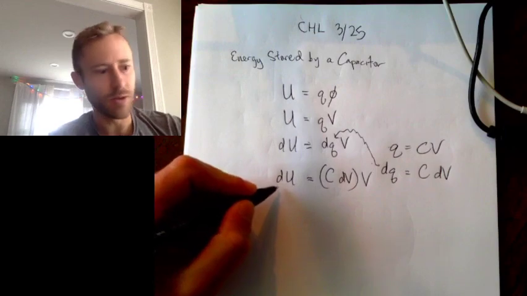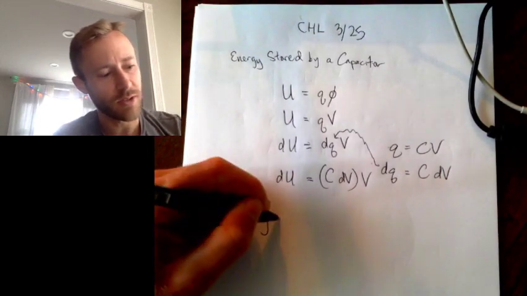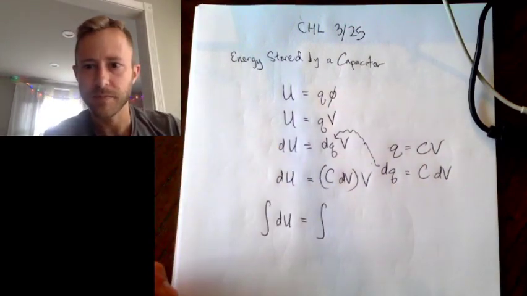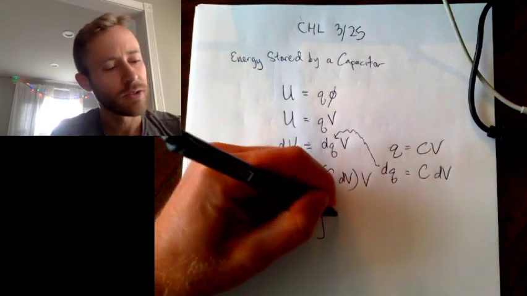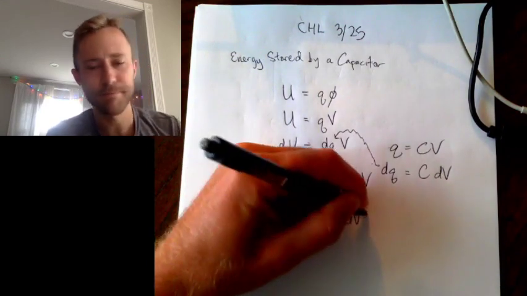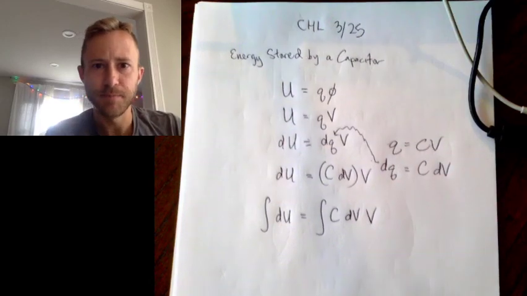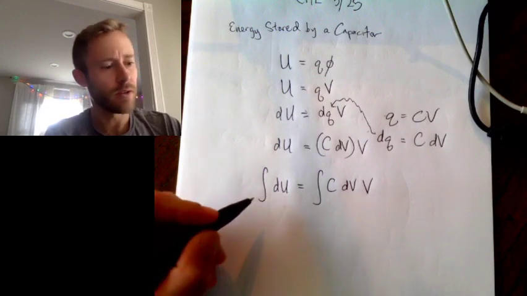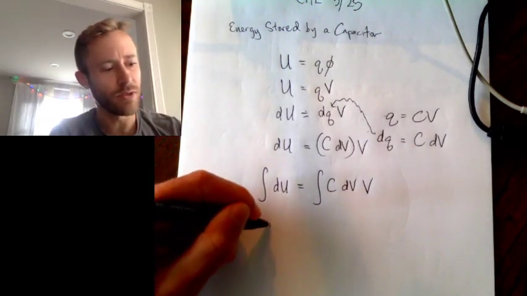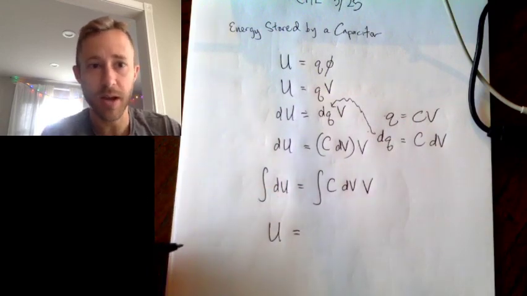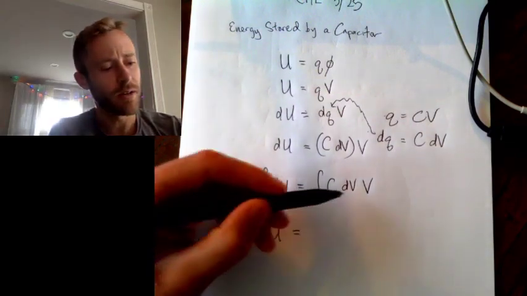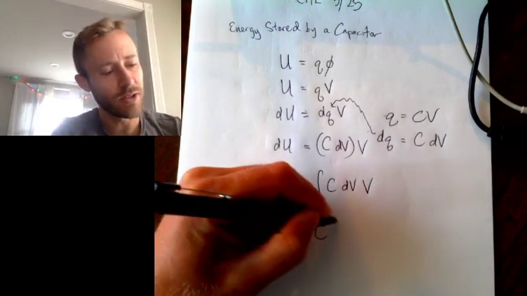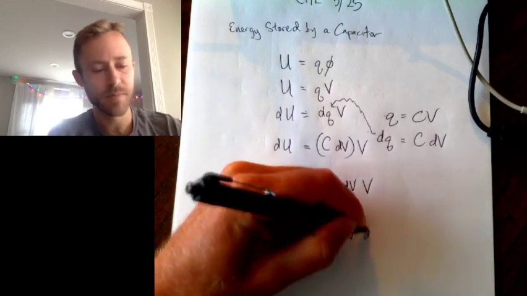Okay. So basically what we're going to do is integrate both sides. The integral of dU is equal to the integral of C dV times V. Doing the integral on the left-hand side just gives us U, the total amount of energy stored in the capacitor. On the right-hand side, I can factor out C because it's a constant, and I just get the integral of V dV.